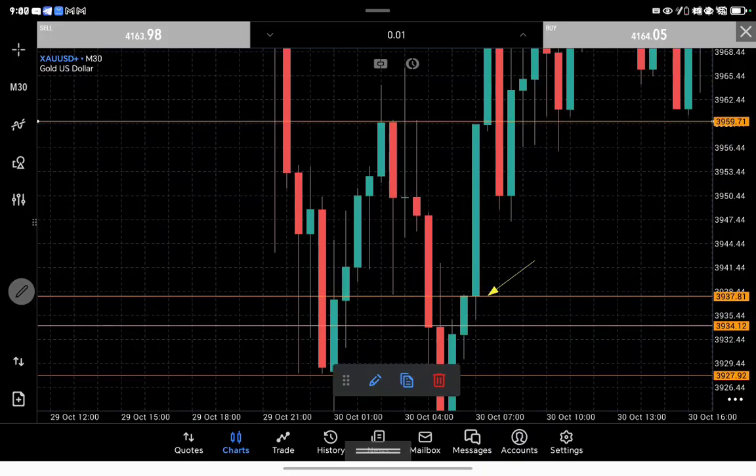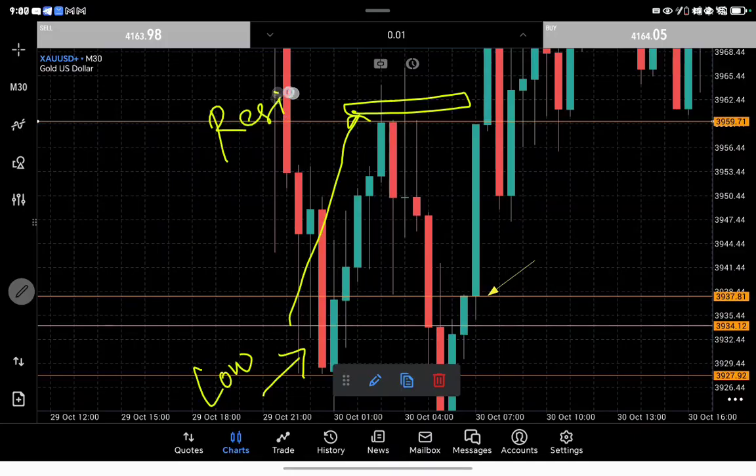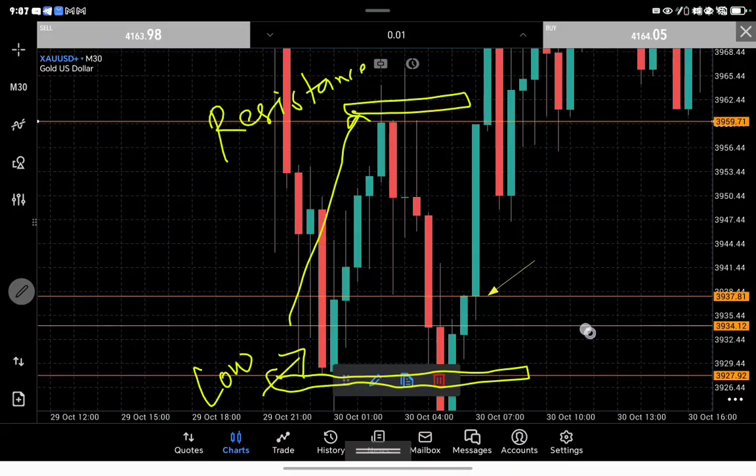So the first one: this is the chart of gold on the 30-minute time frame. What we can see is it has created a low at this point, right? Then price moved up and finally created a resistance at this point. So price dropped down, okay, fine, but this is the point where we can consider this one as a support, right?